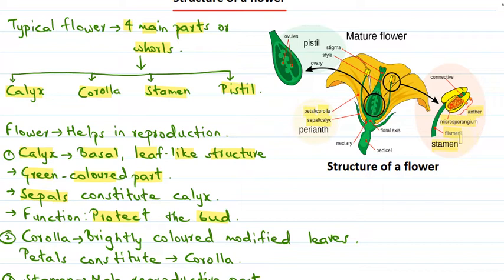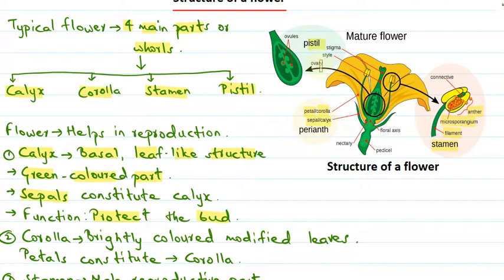Then we studied the pistil. The anther and filament are the two parts of the stamen, or androecium. The pistil is the female reproductive part of a flower.